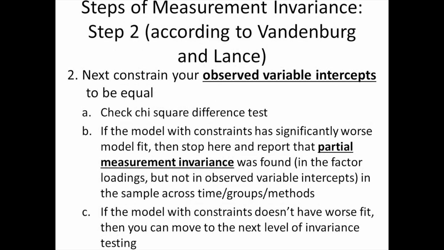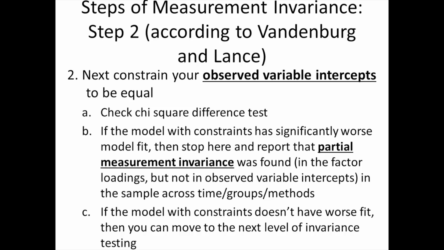Rather, I go with what Vandenberg and Lance suggest, where you go from factor loadings straight to observed variable intercepts. So in a latent variable model, and I'll show you how to do this, if you find factor loadings can be constrained, doesn't make model fit worse, then I move to the observed variable intercepts, which essentially is testing the mean for your observed variables across groups.